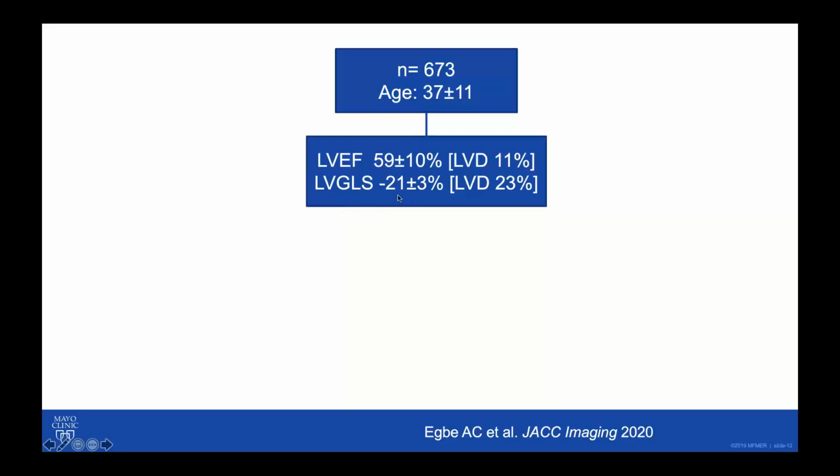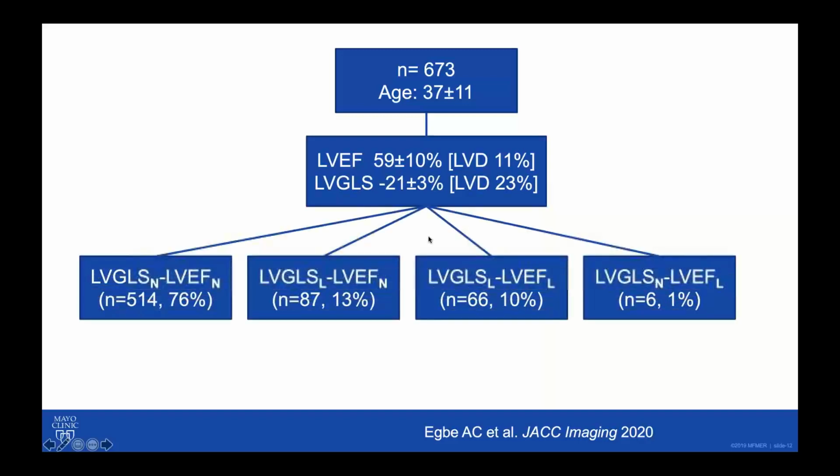The LVGLS was -21, and using the cutoff point of -18, the prevalence of LV dysfunction more than doubles. So we divided these patients into 4 groups by using LVEF normal versus abnormal, LVGLS normal versus abnormal. If you use this, you get 4 different permutations.